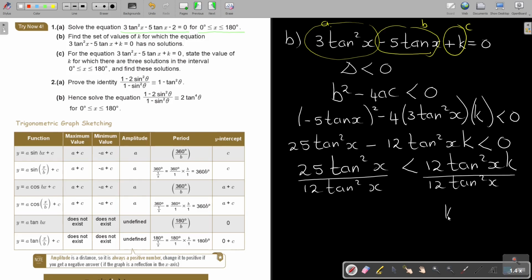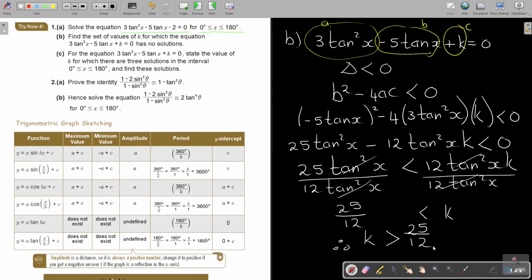So then I say k is bigger because this cancels, and I have 25 over 12. And if I want to turn it around, then I say k is bigger than 25 over 12. So don't be confused if they bring in a k, a constant, if they bring in nature of roots. Just take your memory back and bring that knowledge into trigonometry.